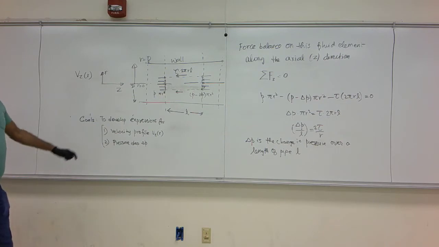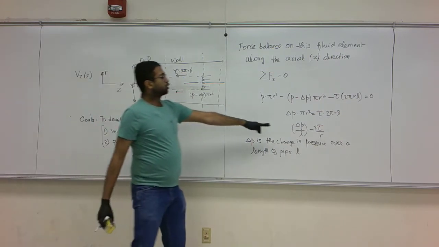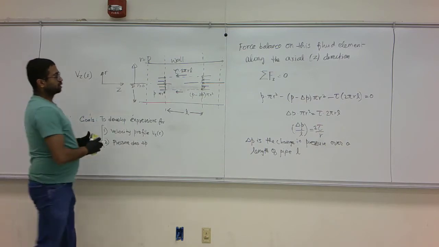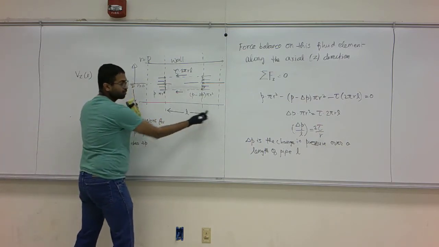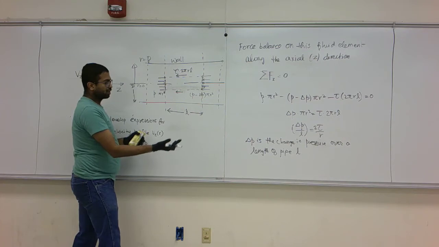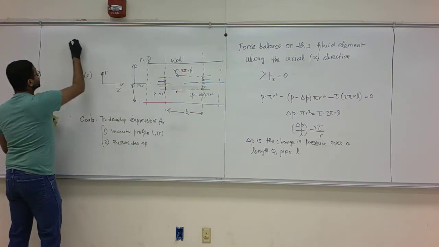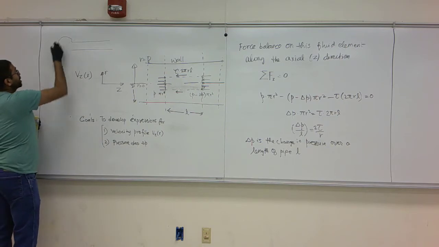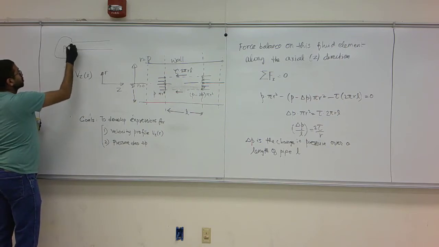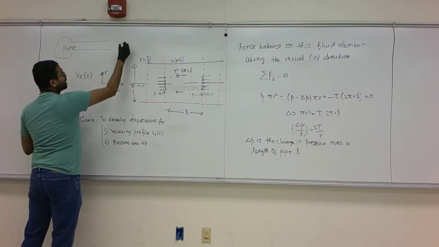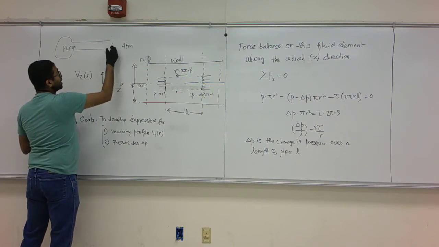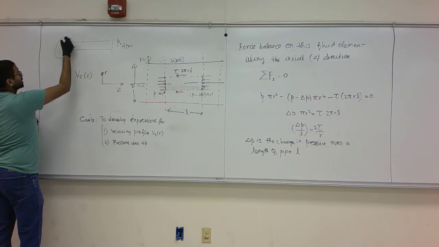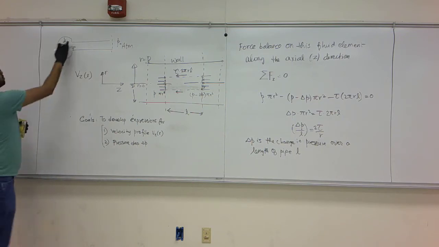Now you can consider this delta P over L to be a constant. For example, if you have more length, you are going to have more pressure drop. Or if you have a piping section whose length you have predetermined and you have a pump here and then you have the ambient air here. The ambient is always at atmospheric pressure. The pump pressure you can set at some high pressure.